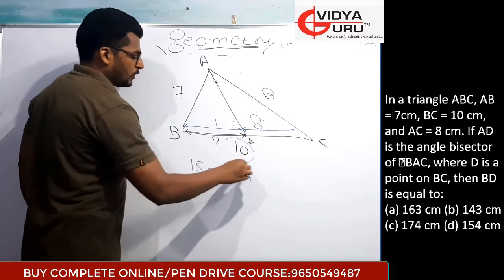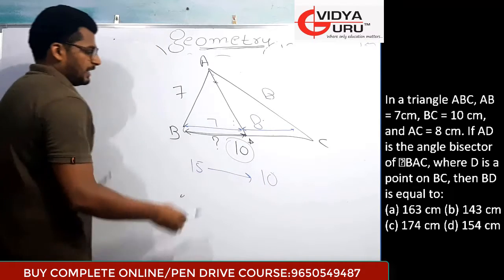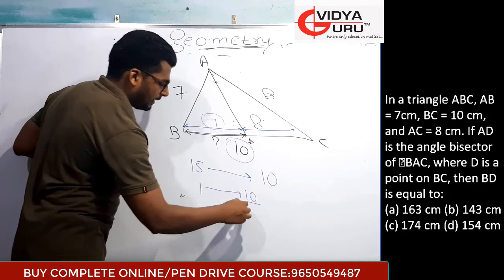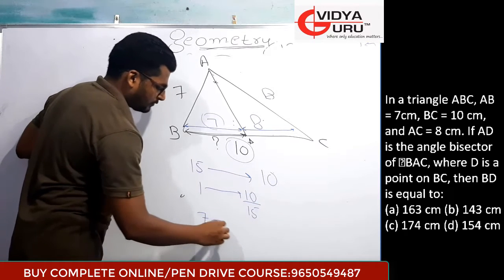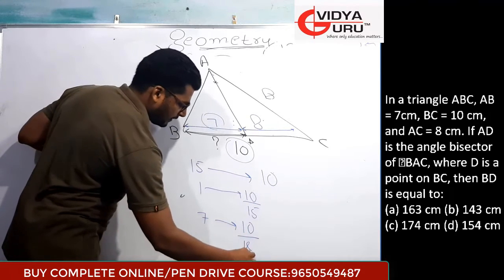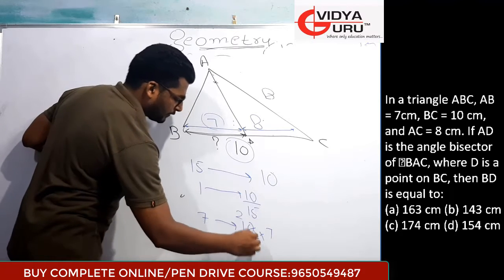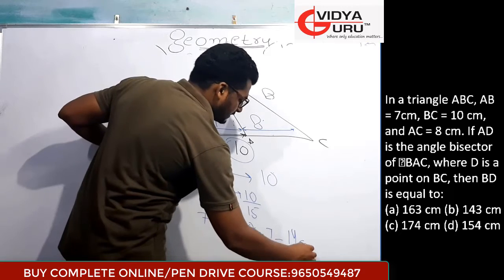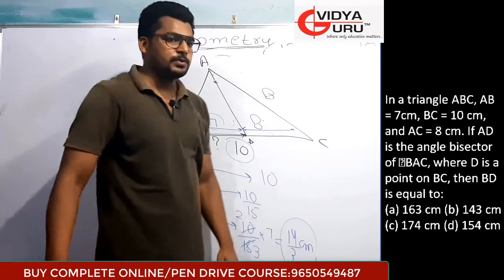The value of 15 according to the question is 10. We need to find the value of 7. The value of 1 will be 10 by 15 and the value of 7 will be 10 by 15 into 7. 5 2 times, 5 3 times, 14 by 3 centimeter is the correct answer of this question.